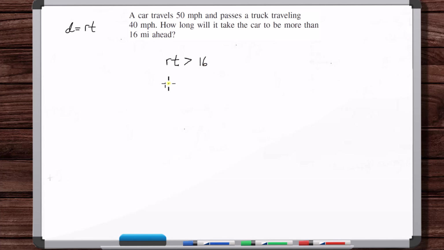The net speed is 10, right? Okay, you see? So now let's divide both sides by 10. So t is greater than 1.6 hours.